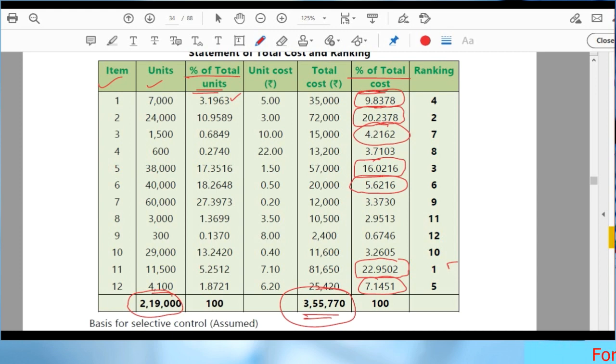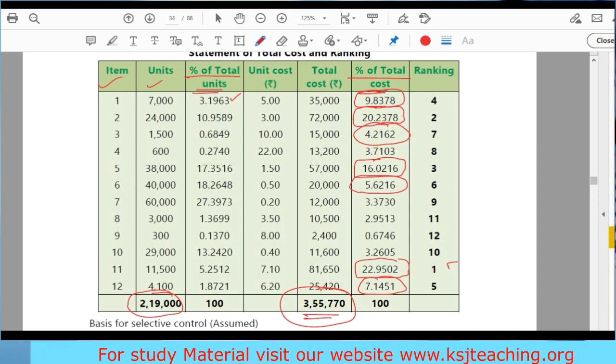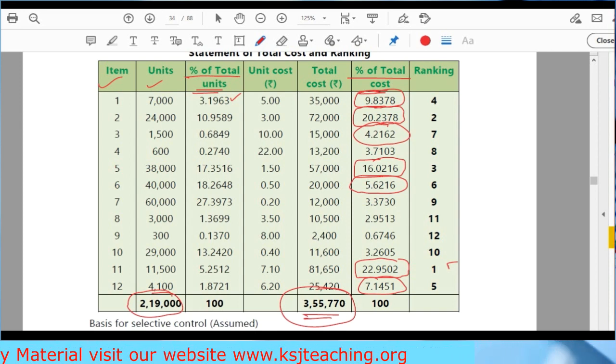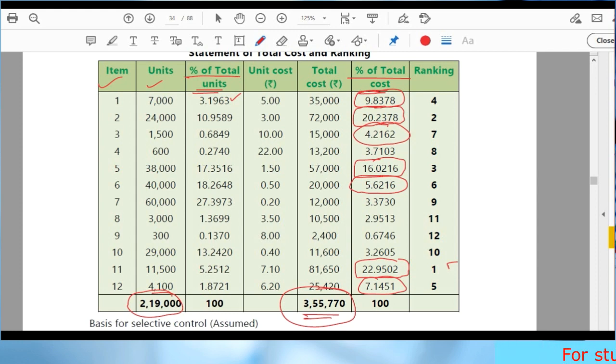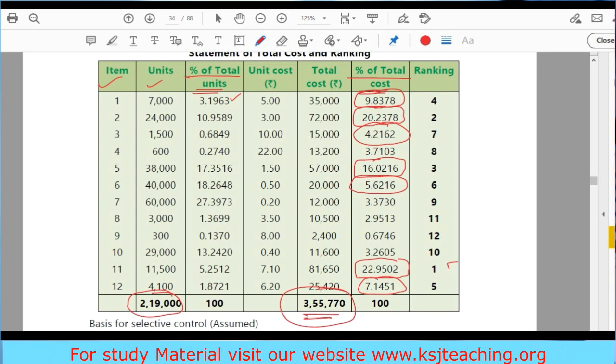The quantity hardly matters, right? What is important is to take care of the expensive items. You will pick up the phone first. It is not that you are having 10 pens, so you will pick up the 10 pens first because the quantity is more. No, sir. The value of the iPhone is much higher than the value of those 10 pens. So you will check the iPhone first, isn't it? Right, sir. Clear?